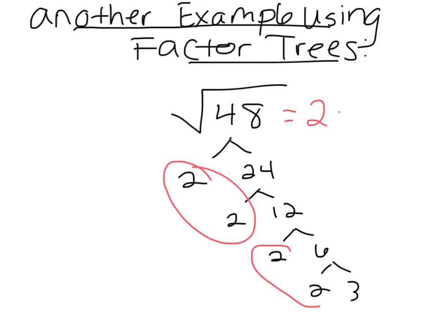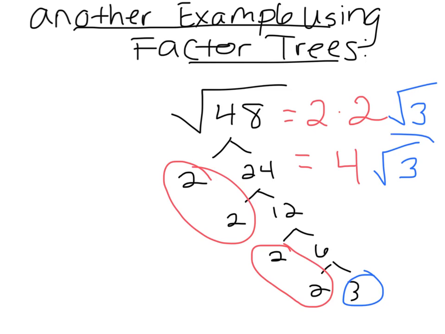Times, here's another pair of 2's, 2 squared, again, the square root of that is 2. Times, I still have 3 inside the radical because I do not have a pair of 3's to put outside of my radical. 2 times 2 is 4 times the square root of 3. So the square root of 48 can be written as 4 square root of 3.